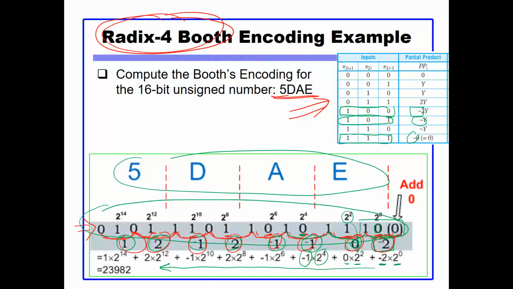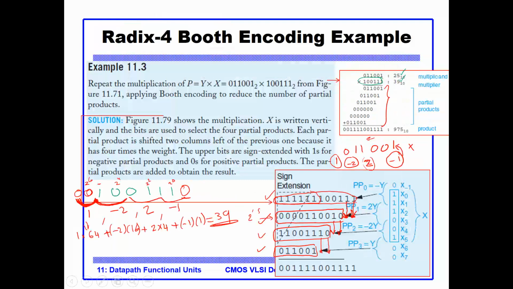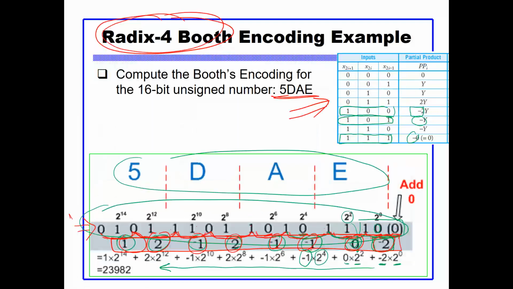Radix-4 digits, right? How many binary bits do I have? 1 2 3 4 5 6 7 8 9 10 11 12 13 14 15 16 binary bits. I was able to express them in 8 Radix-4 Booth encoding digits. So these are 16 bits and these are 8 digits.